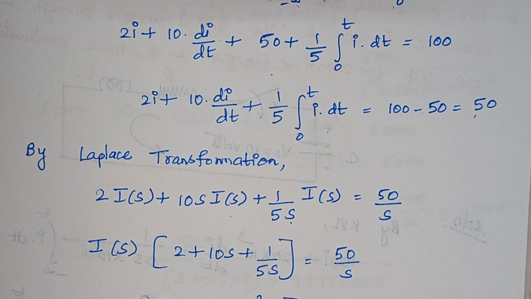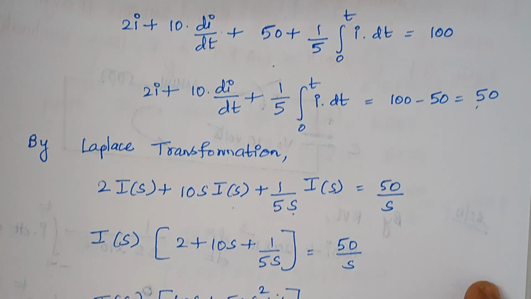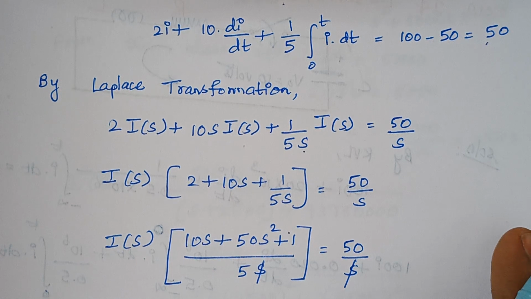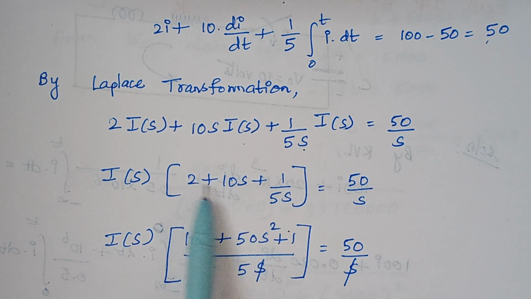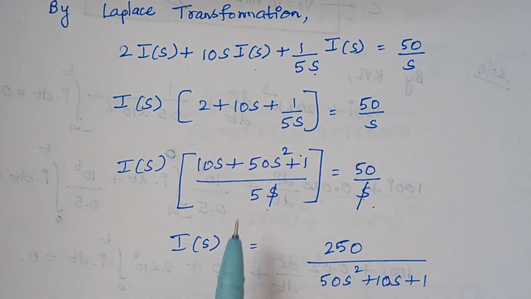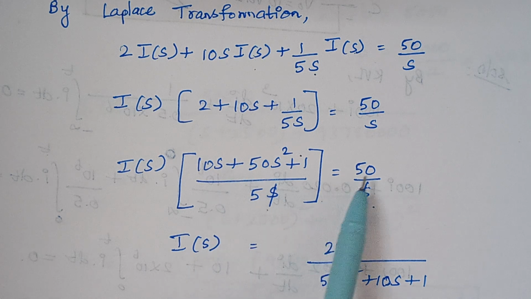Right. Now the next thing is we have to take LCM. So once you take LCM, our expression is, you see, that is 10s plus 10 into 50 becomes 50s square plus 1 by 5s, which is equal to 50 by s. So here both these denominators cancel each other and the expression for I of s is given as, you see, that is 50.